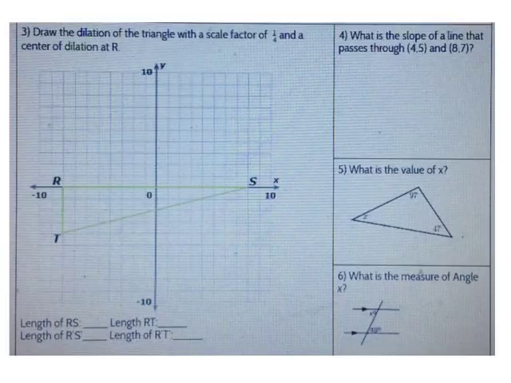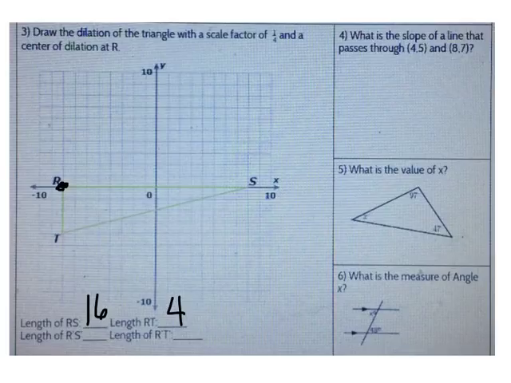Now let's draw a dilation of a triangle with a scale factor of 1/4 and a center of dilation at R. So R won't move, and there will be a reduction towards R in straight lines. First, what's the original length of RS? It's 16. What's the original length of RT? It's 4.